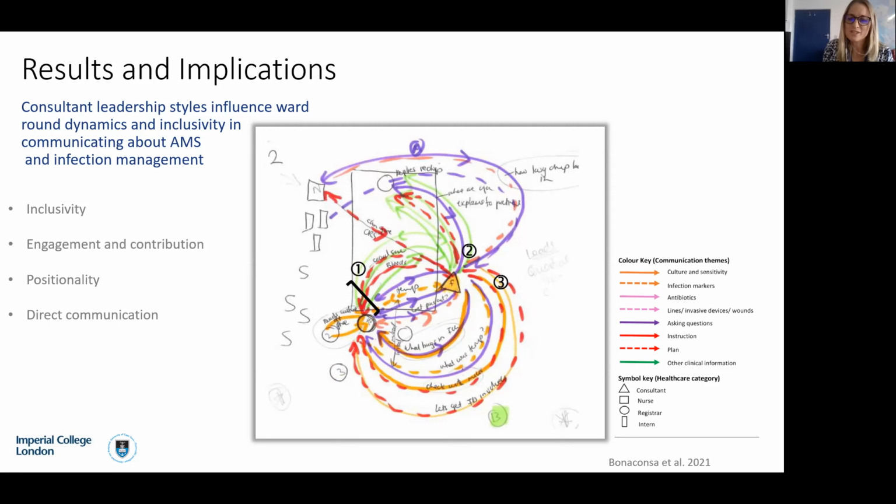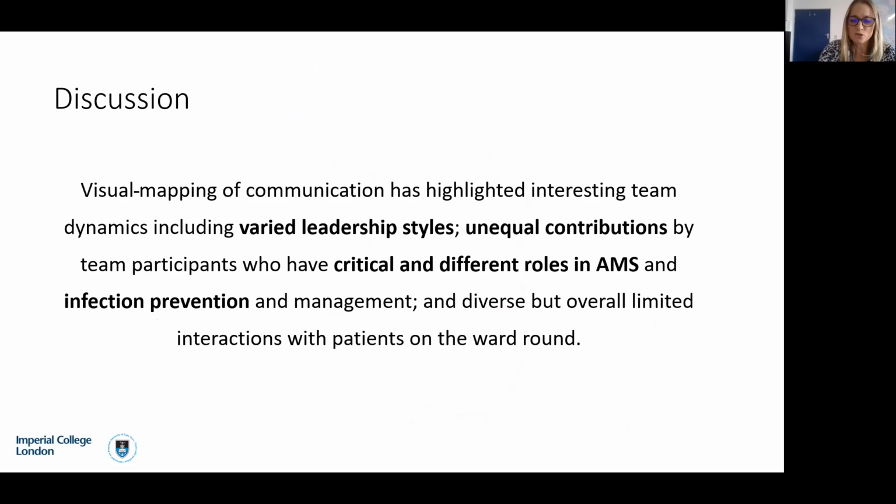With some consultants, the non-medical staff would naturally move towards the center, so they wouldn't stand so far on the outside. We also noticed a lot of direct communication, specifically related to starting antibiotics or stopping lines. It was a direct order given to a nurse or somebody else who had to carry out the action.